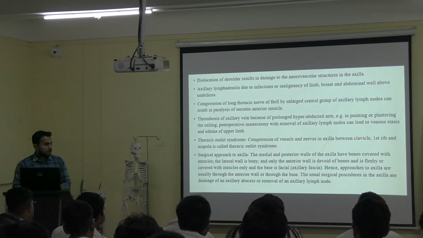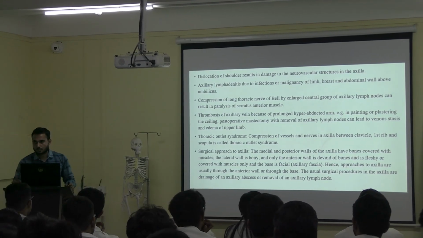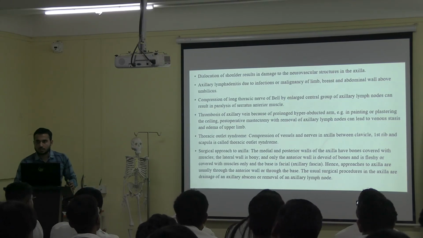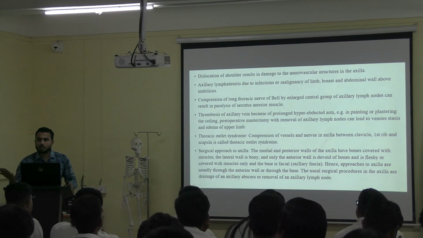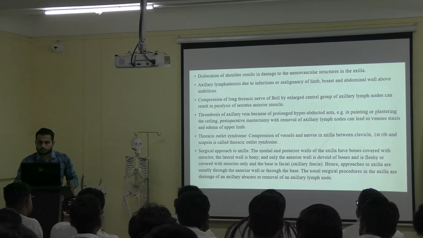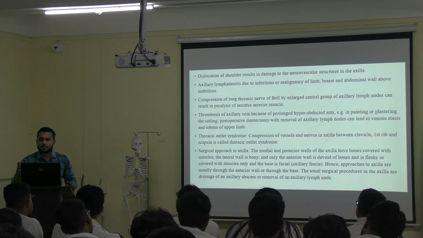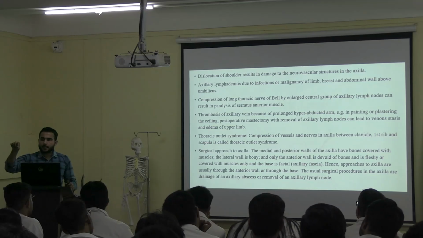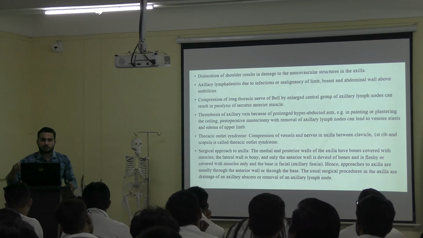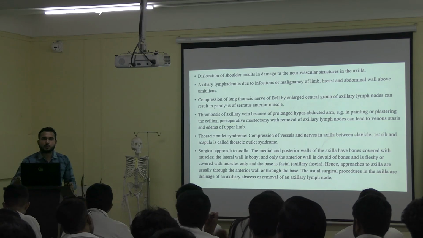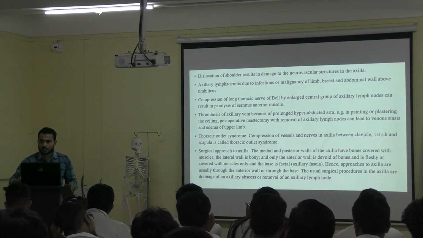Important points related to the applied anatomy of the axilla, now some important points, not all. What you have to do is study books. In them you will see that at the end of the chapter, the applied part is highlighted in red or blue color, and then applied points are given.